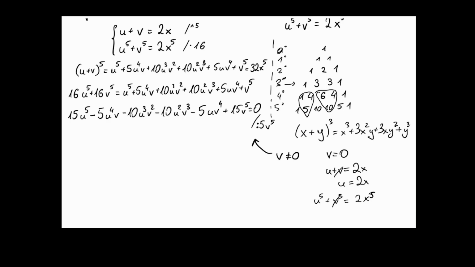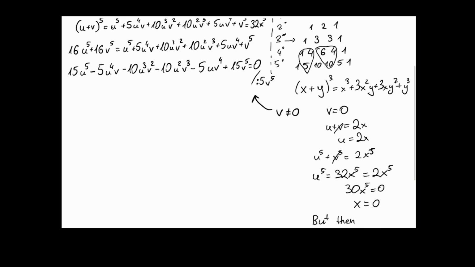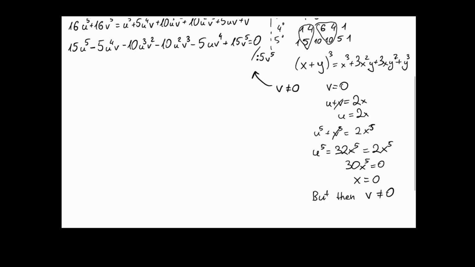So u to the 5th power equals simultaneously 32x to the 5th power and 2x to the 5th power. From this we get that 30x to the 5th power equals 0, and so x equals 0. But then v is not equal to 0. So that's a contradiction.